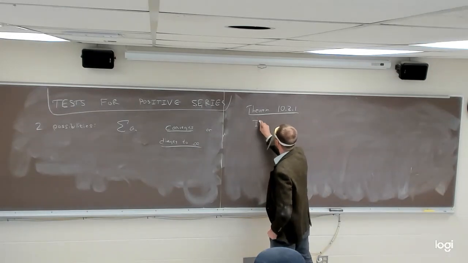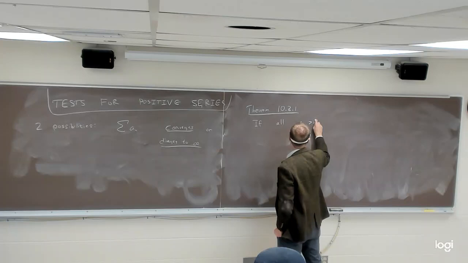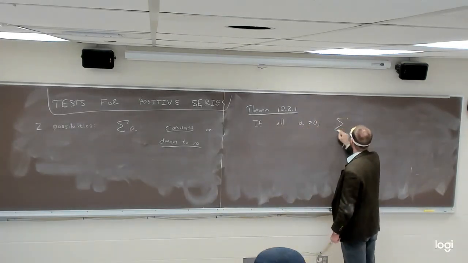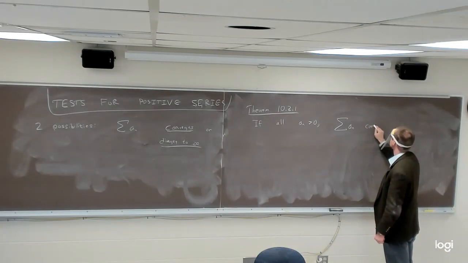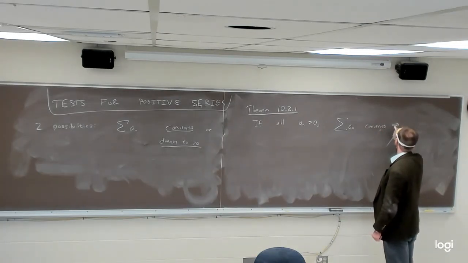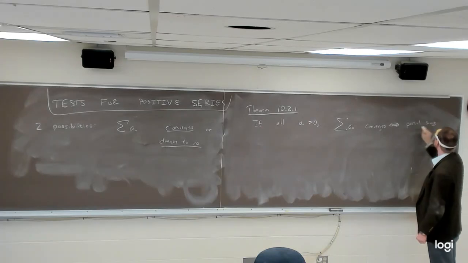If all the a_n are positive, then the sum converges if and only if the partial sums have an upper bound.